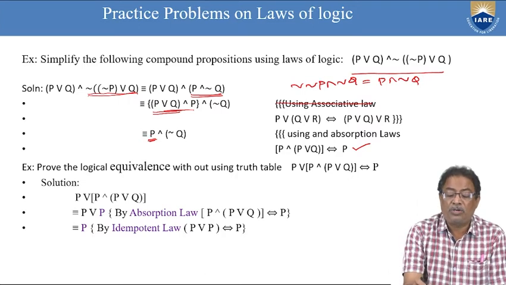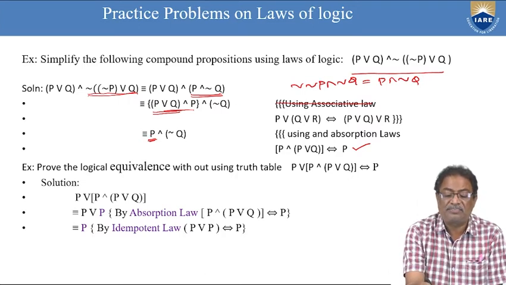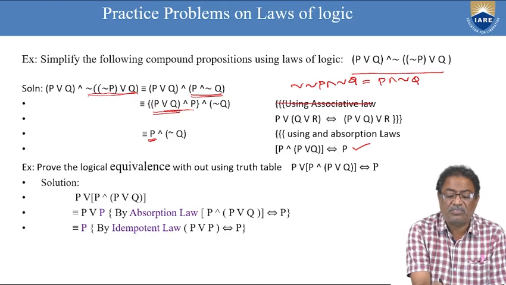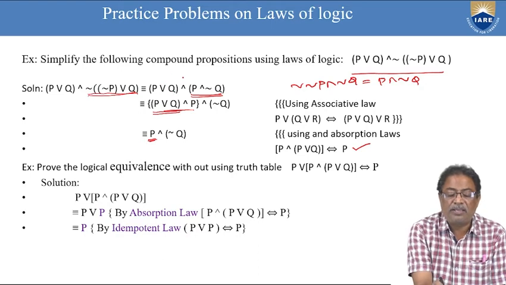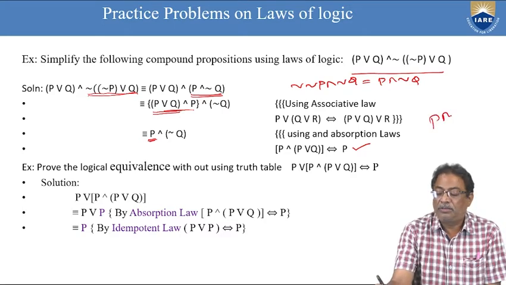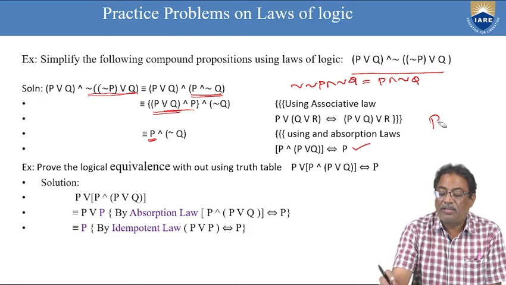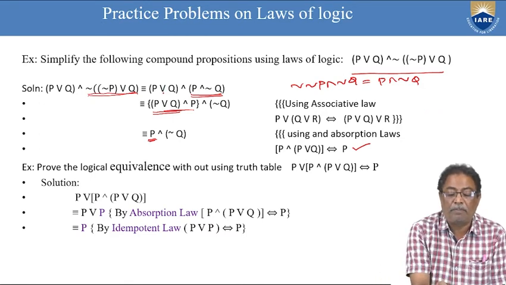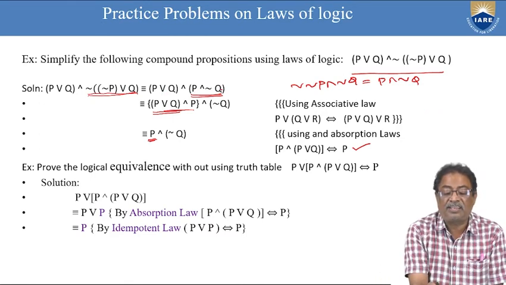So I am not going to apply any operations on this. Observe this. The whole thing I am taking as P and Q and R. So this is of this form: P or Q is taken as one component, this is another one.